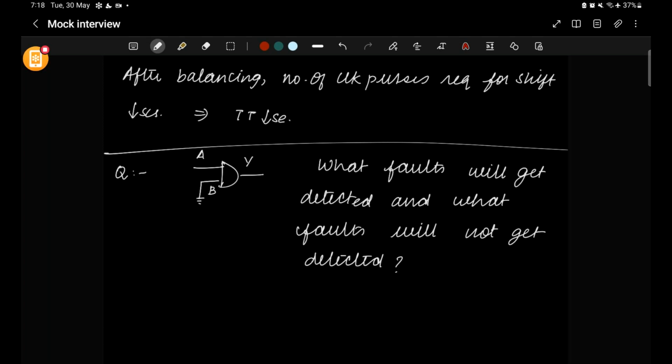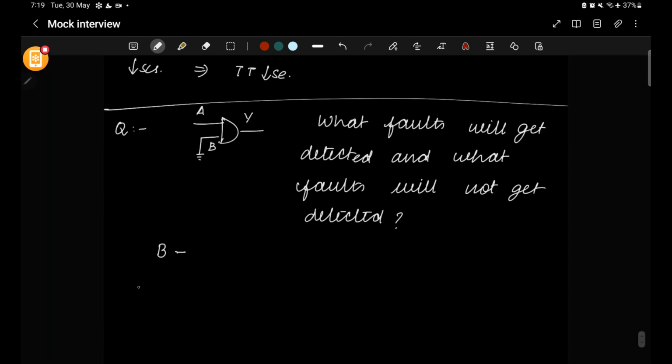Ma'am, at B net, stuck at 0 is detected and stuck at 1 is not detected. At A, one second, I'll just write it down. B, what is detected? Yeah, ma'am, stuck at 0 will be detected. Okay. Then? Yeah, ma'am, stuck at 1 will not be detected. Okay.